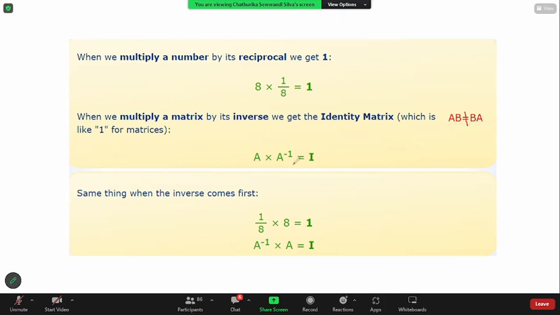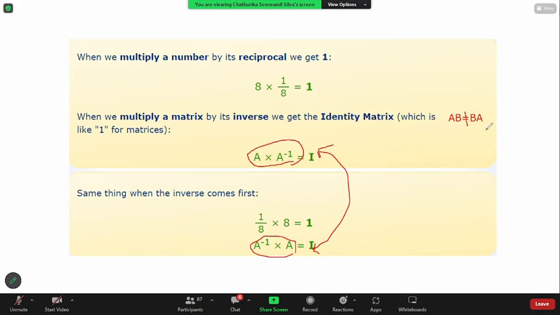But here you will see that A multiplied by A inverse is I, and also A inverse multiplied by A is also I. So this is a special occasion where the commutativity of the matrix holds. In general, it's not valid.